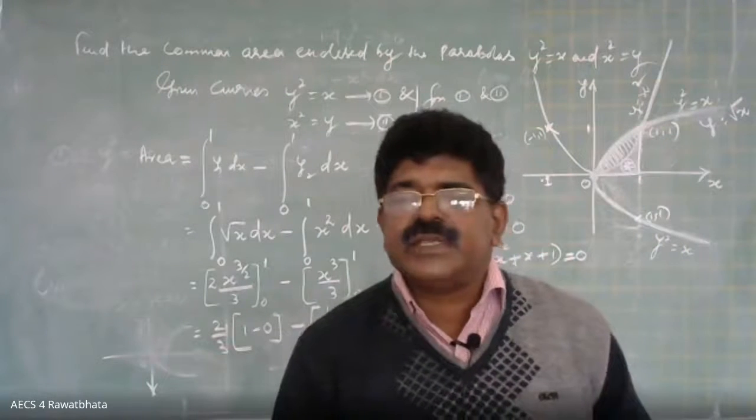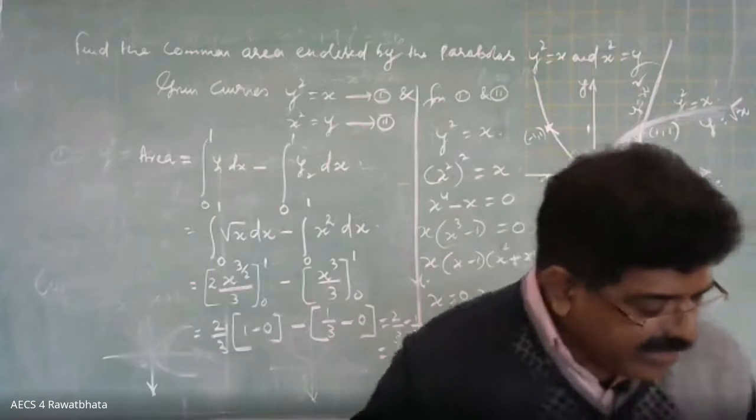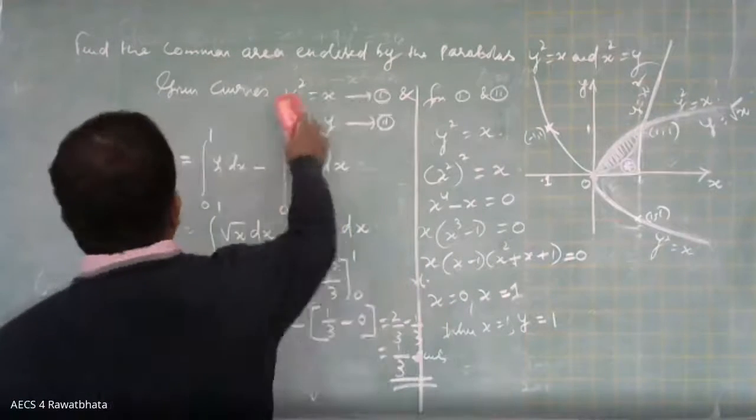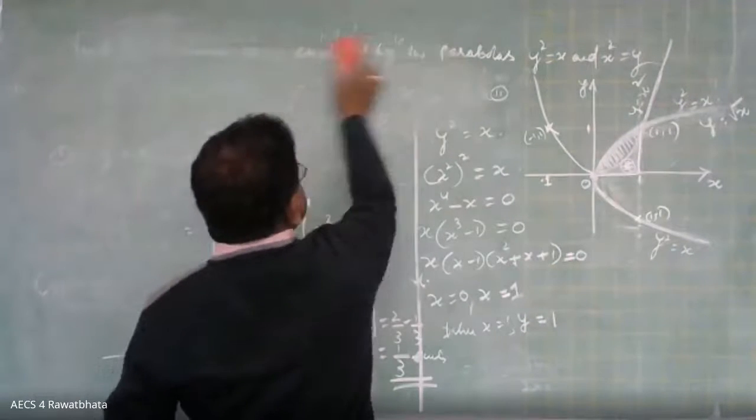Using integration, find the area of the region bounded between the two circles.